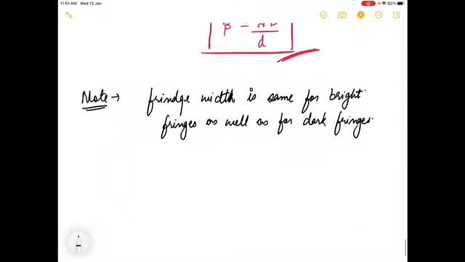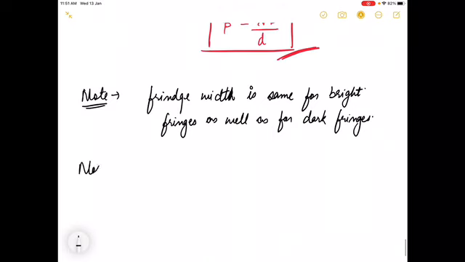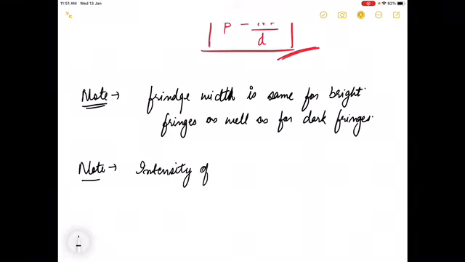Okay. Again, the next thing which you have to understand here is that the intensity of all bright fringes is the same.